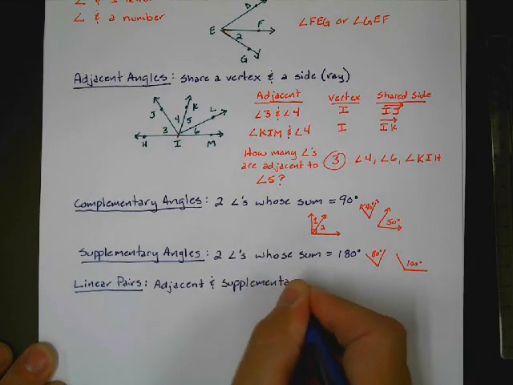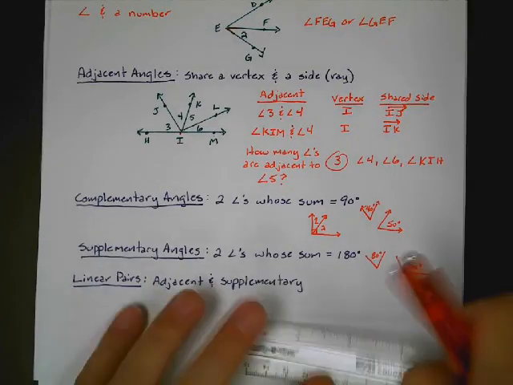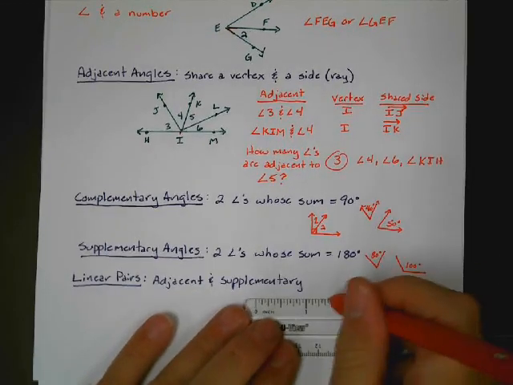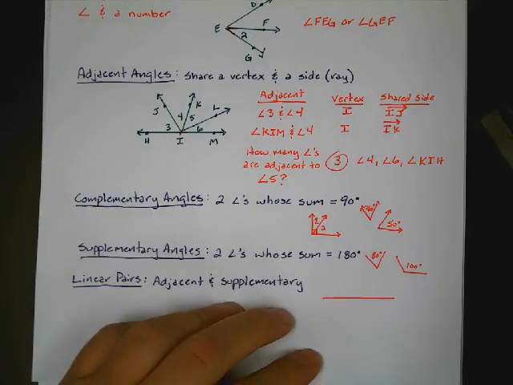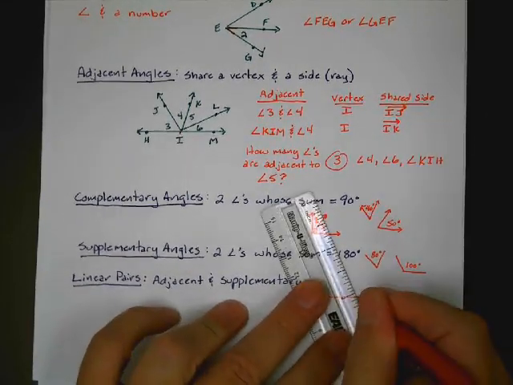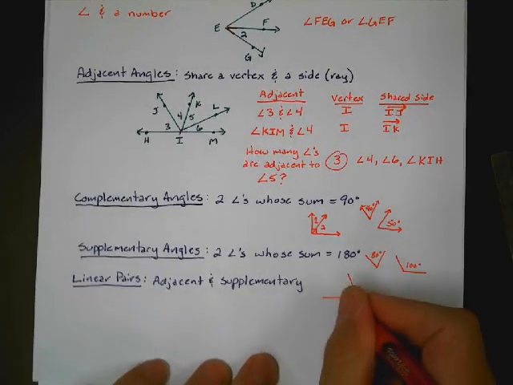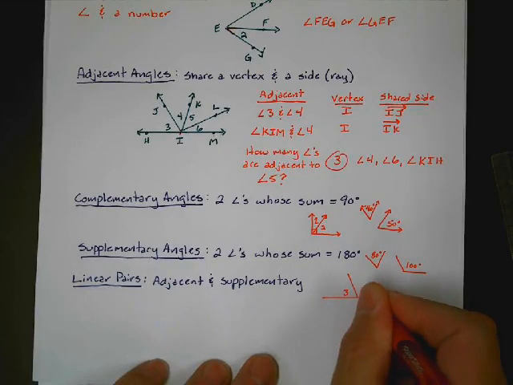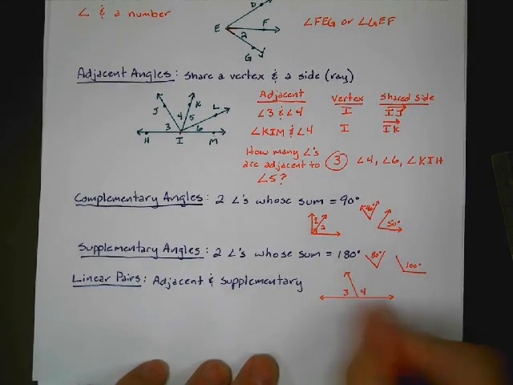So in this case, the two angles, since they add up to 180, would always make a straight line together. So let's call this angle 3 and angle 4. See how angle 3 and angle 4 make this straight line together?